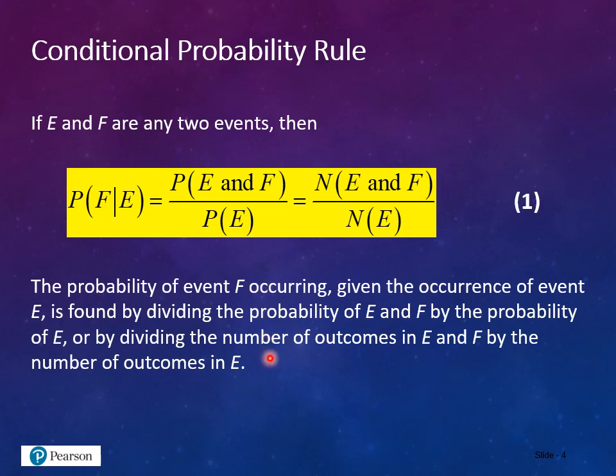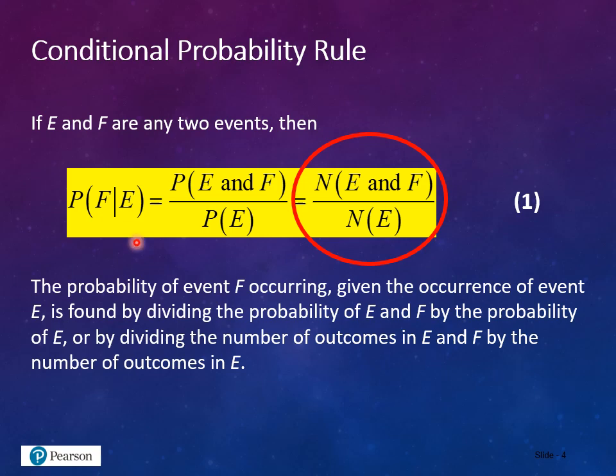The probability of event F occurring given the occurrence of event E is found by dividing the probability of E and F by the probability of E, or simply by dividing the number of outcomes in E and F by the number of outcomes in E. And so that's the simplified formula.